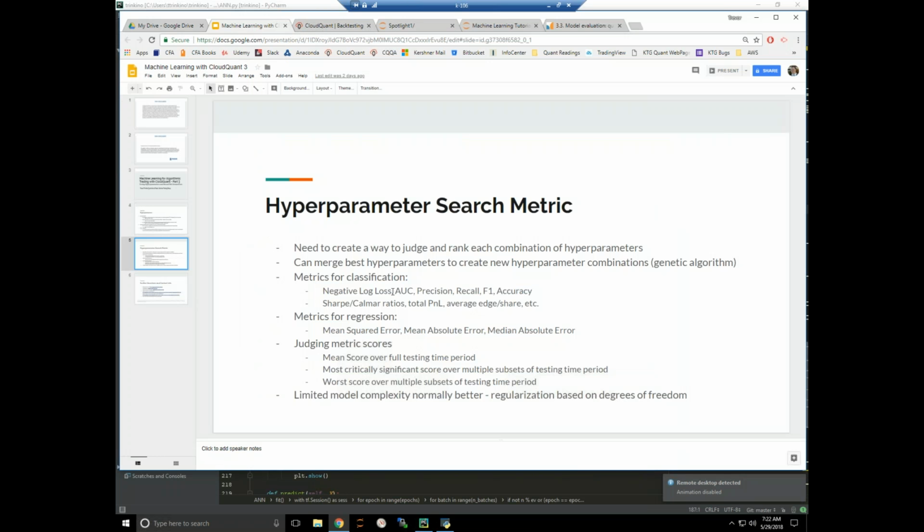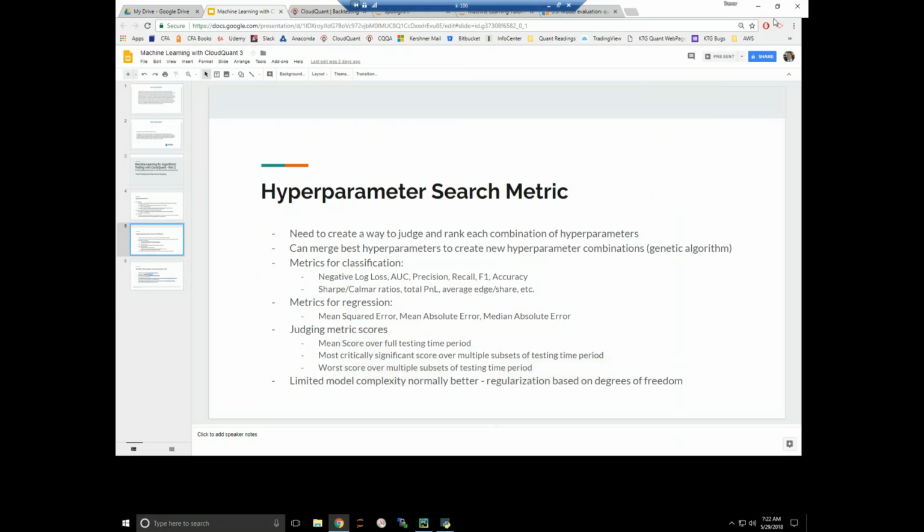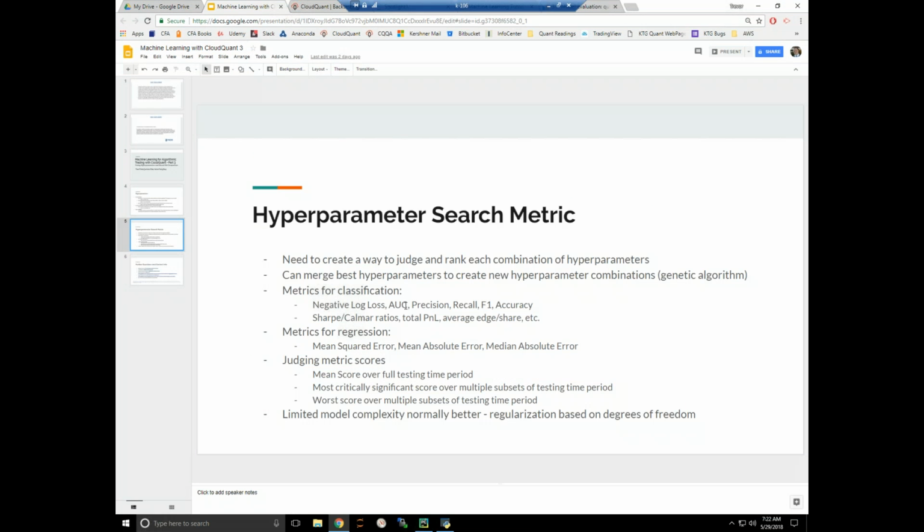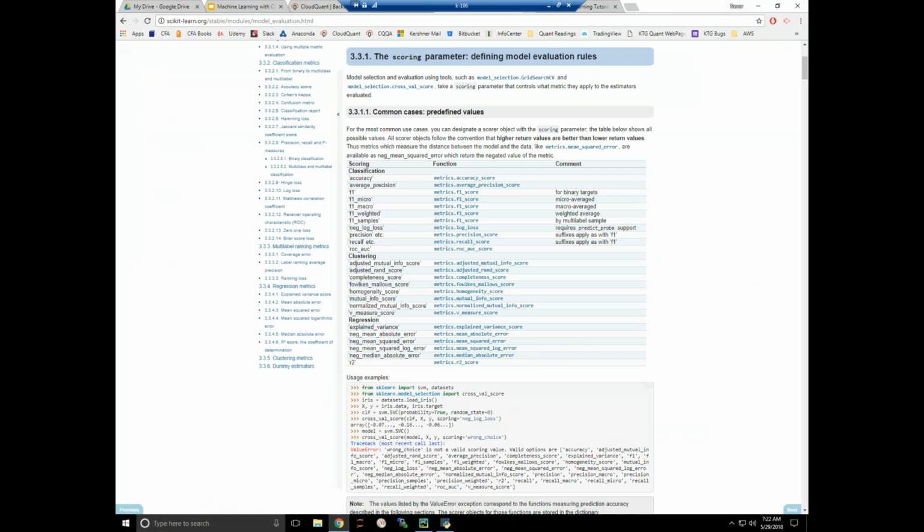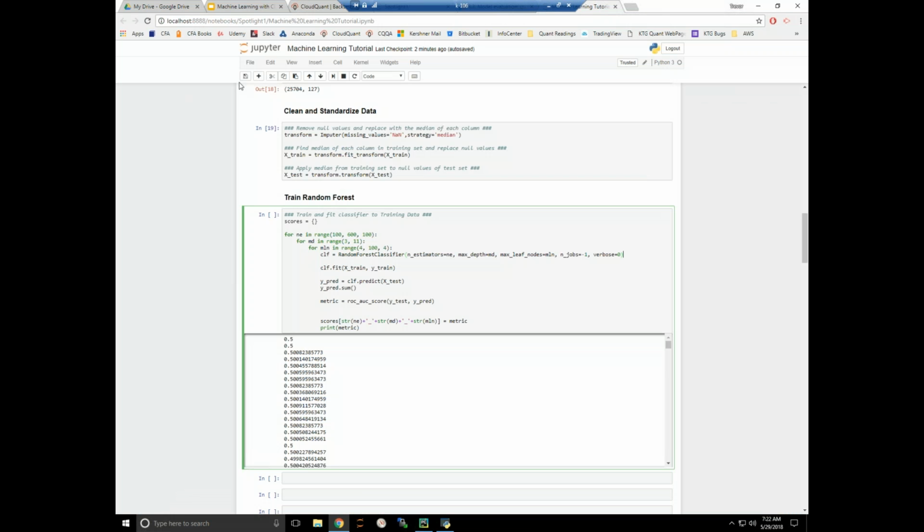Negative log loss, I like that just because it will penalize the model more for being overly confident in its wrong trades, if that makes sense, and it will penalize it less for being slightly less confident in its wrong trades. And the way that the model's confidence is judged is back over here in our Jupyter notebook.